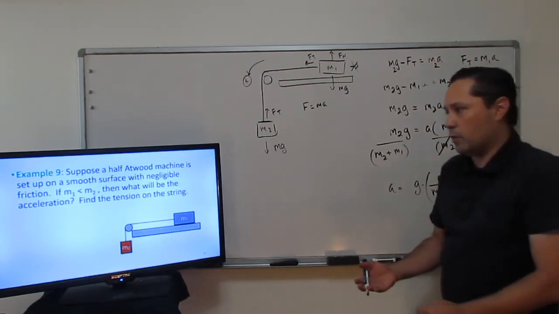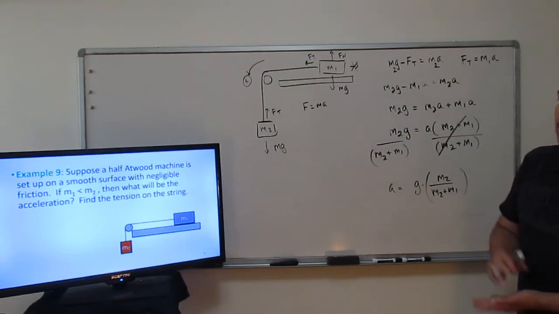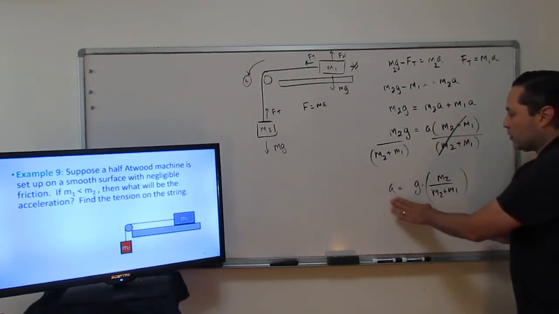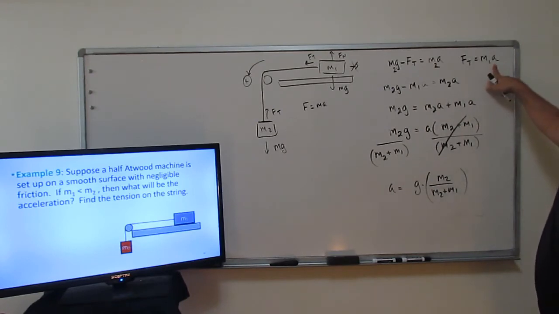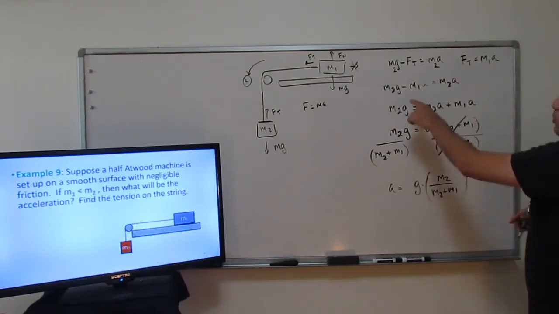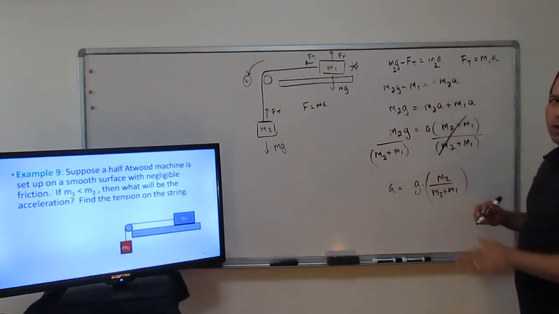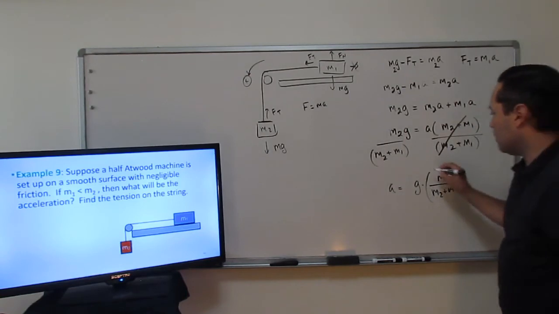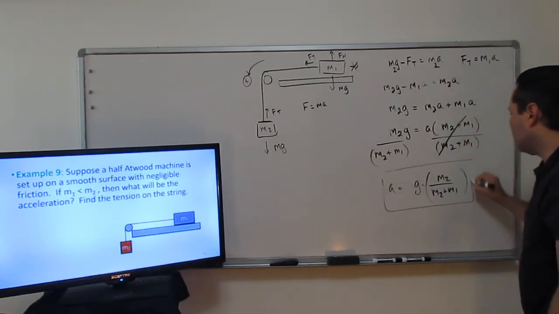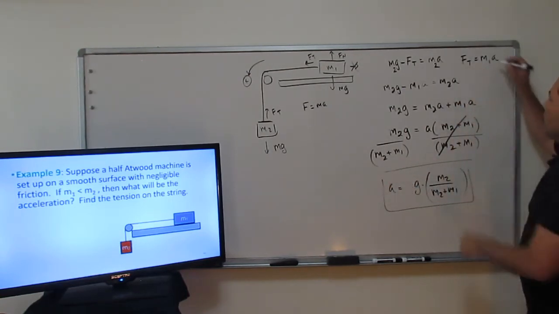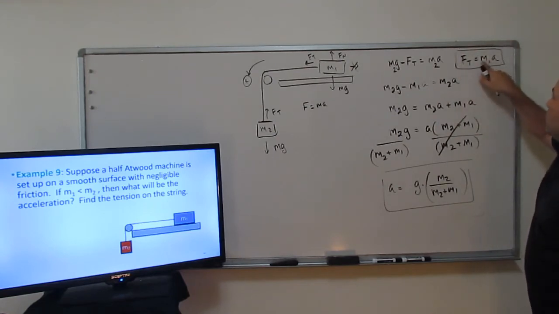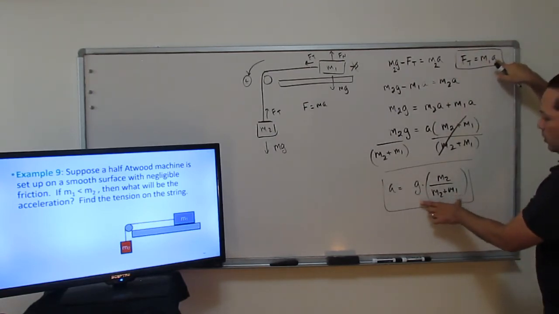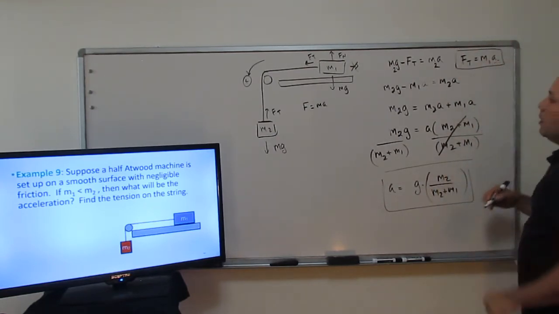So finding the acceleration is part one. They also ask us to find the tension on the string. Now that we have the acceleration, we can plug that in here, and that's going to give us the tension. We could have also plugged the acceleration in here, but that's a more complicated formula. This one's a little bit easier. So for tension, we substitute the acceleration, and that will be our answer.